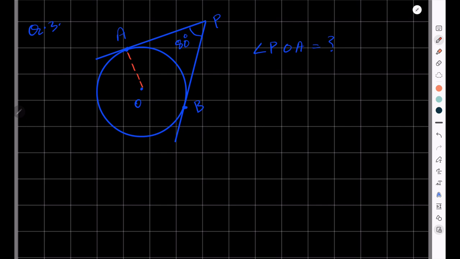We already know that these two are the tangents to the circle. So this will be 90 degrees, this will be 90 degrees. In that case, these two angles together should be 180 degrees.